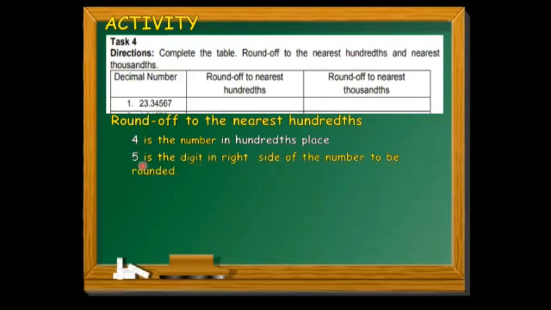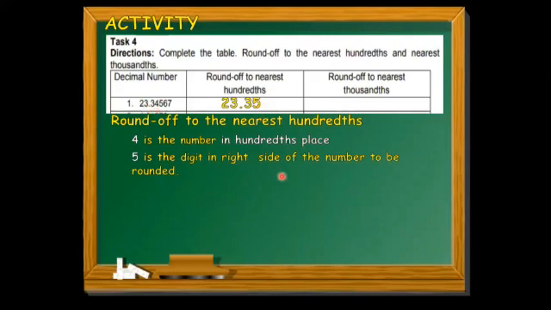If the number is more than 5, therefore, we will add 1. So all the numbers on the right side will be dropped. So the answer will become 23.35 hundredths. Okay?